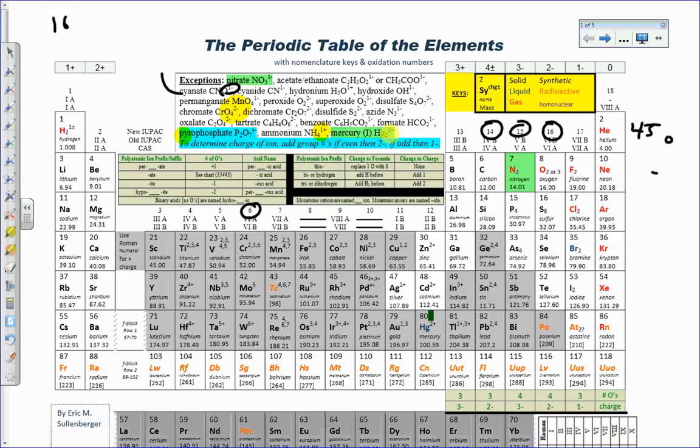So 16 times 4 is 64. And then add 6 to that, and we get 70, and you can see that 70 is an even number, and so chromate's charge must be 2 minus. It works. It's a pattern that I've picked up since Anna Squardo showed me this periodic table, and I thought it was incredibly useful.